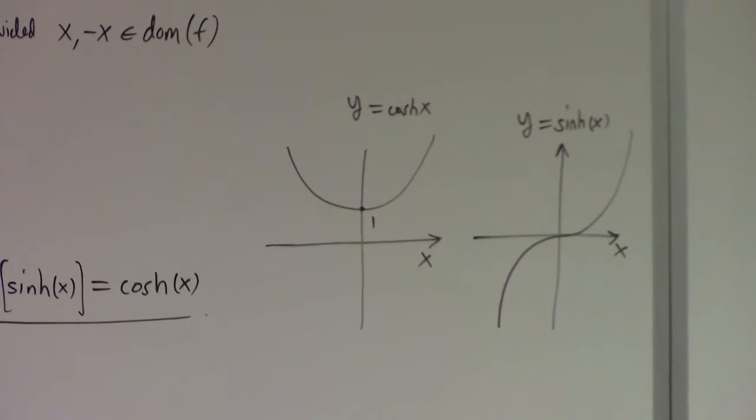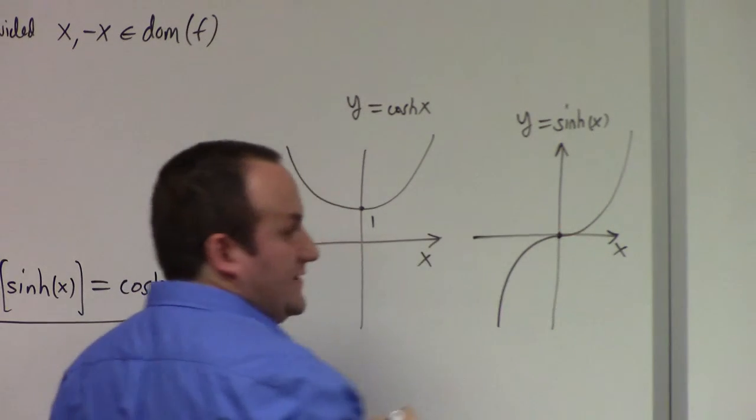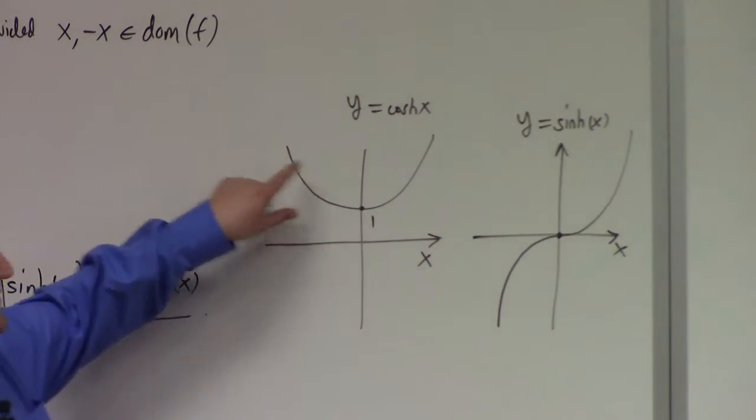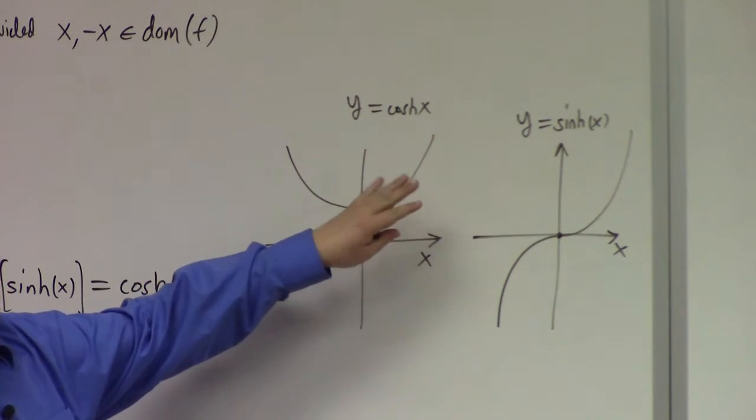The derivative of sinh is cosh, which shows you that sinh is always increasing. In fact, sinh is an example of a one-to-one function on the whole reals. It just keeps climbing. Sinh of 0 is 0, but that's the only thing that's 0 for sinh. The large scale behavior is basically like exponentials.